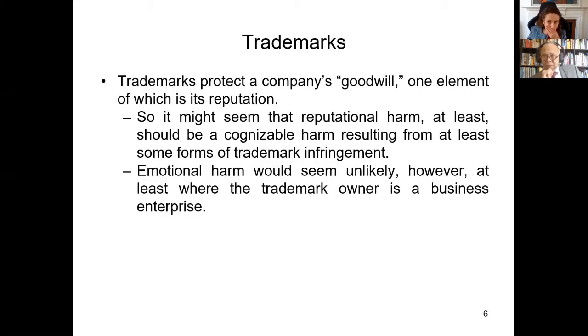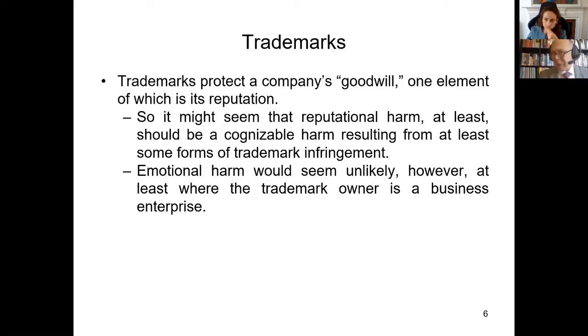So at least in those cases, it would seem to be a little bit less likely that emotional harm would be on the table. But if the trademark is owned by a natural human, then there might be at least some question about maybe if that act of trademark infringement causes the human owner to suffer some sort of mental anguish. Maybe they could argue that they are entitled to some sort of compensation.